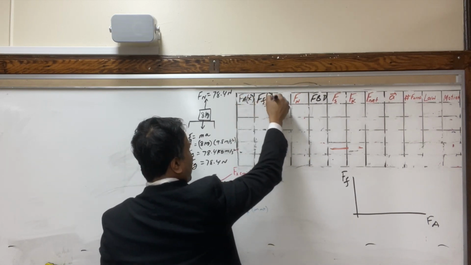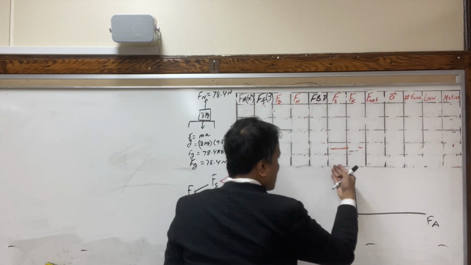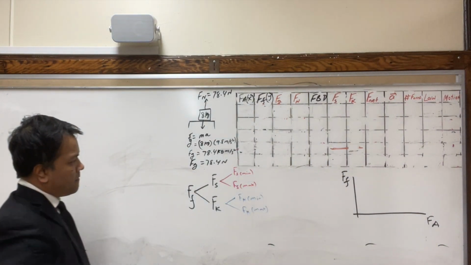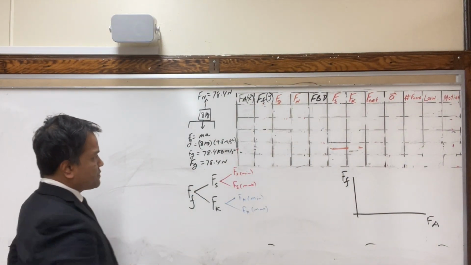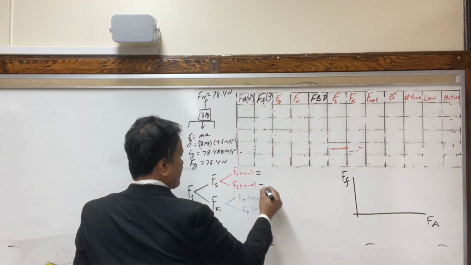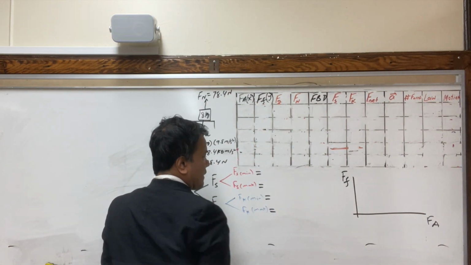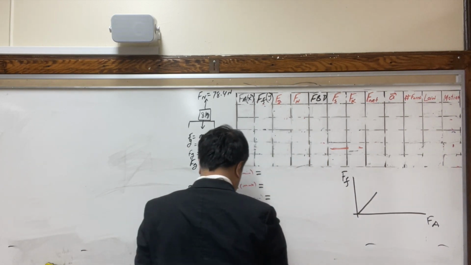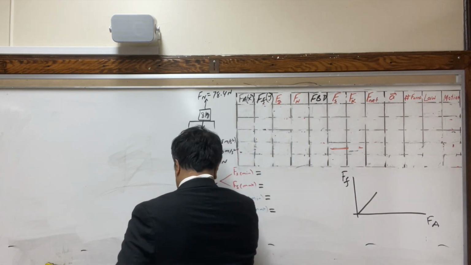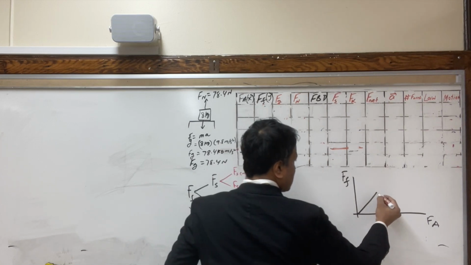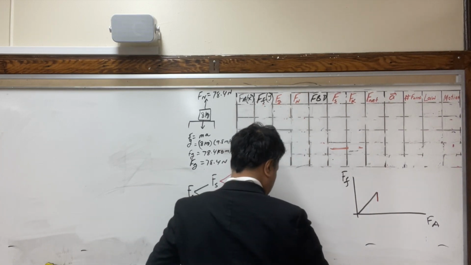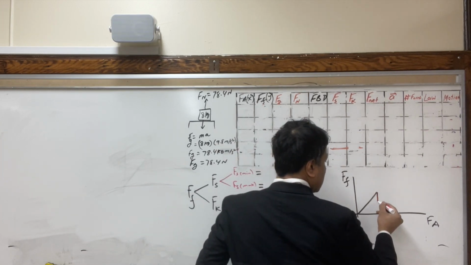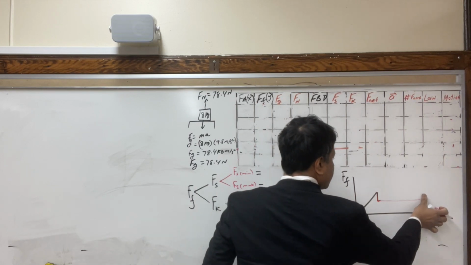Ff, this is your y-axis. Alright. So the friction graph looks like this. This is the friction graph.